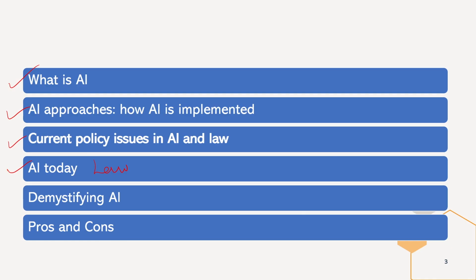So we will demystify it, whether it really will replace or not. Then we will have a look at some pros and cons of AI as such in the field of law. This is how I have designed this lecture.